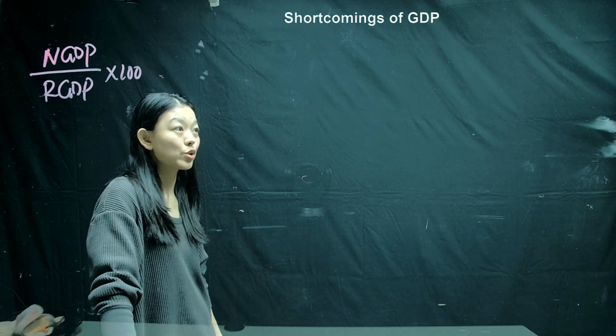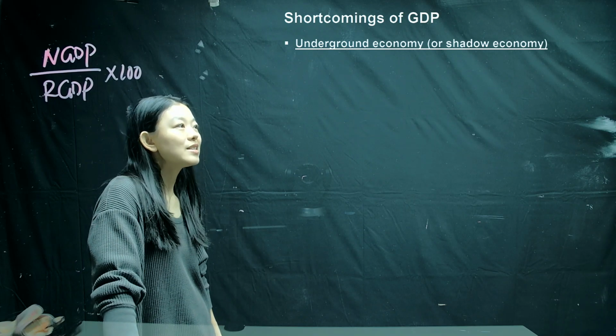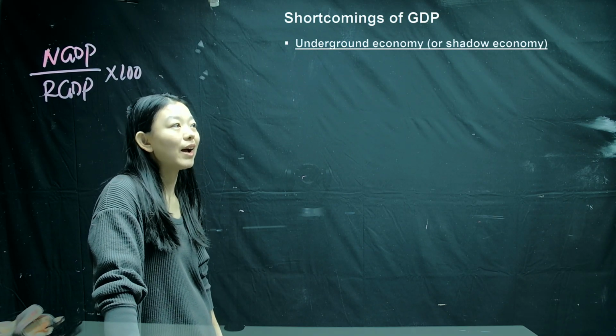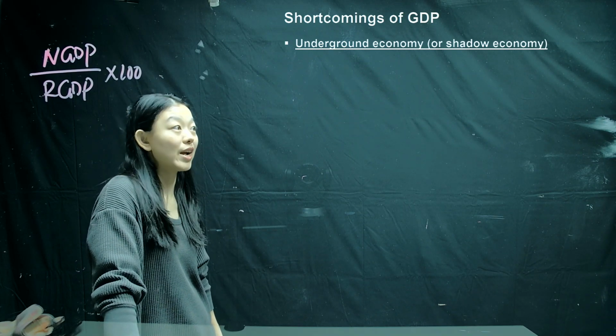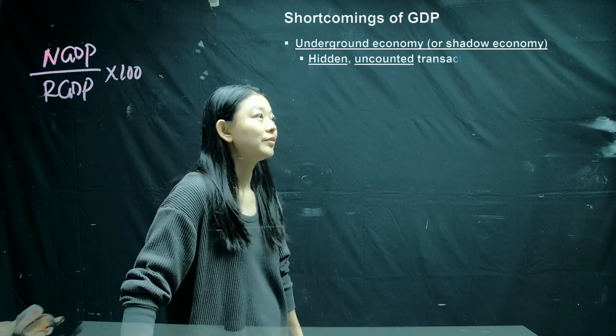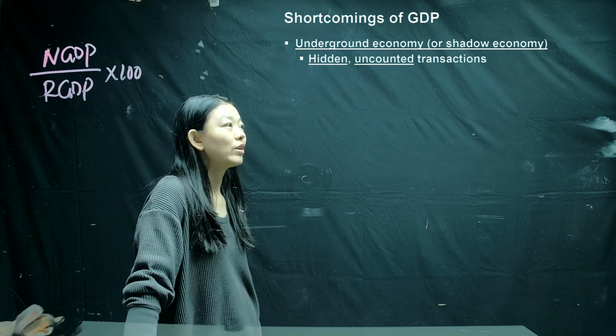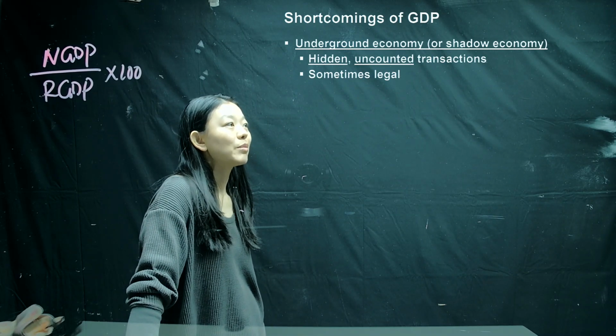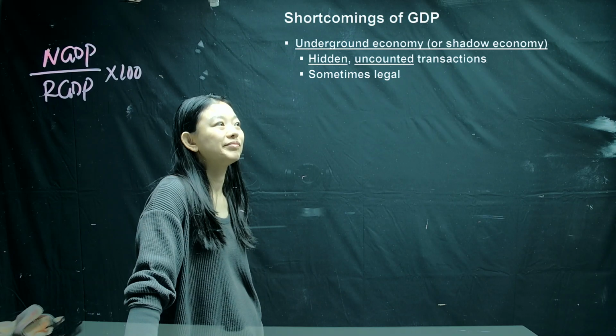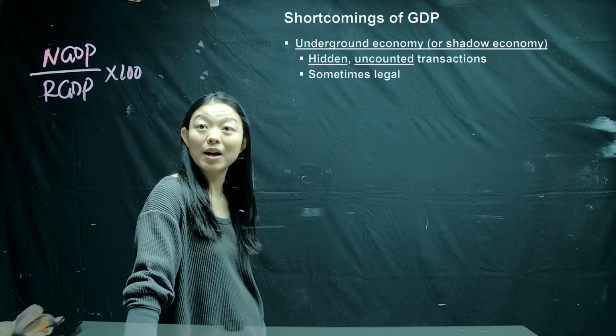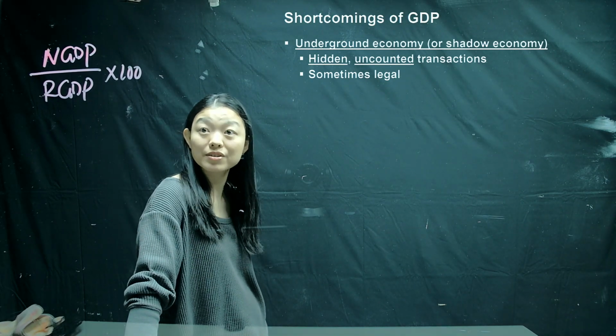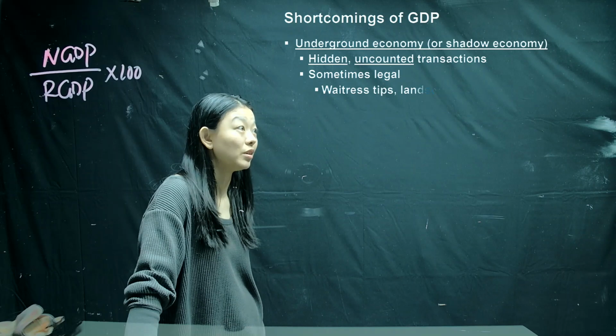Now let's look at the second shortcoming of GDP. It doesn't include the underground economy, or what we call the shadow economy. These are hidden or uncounted transactions, sometimes involving illegal goods, which are not included in GDP.